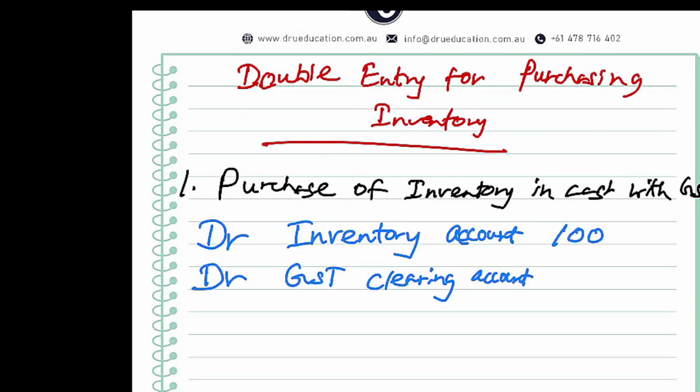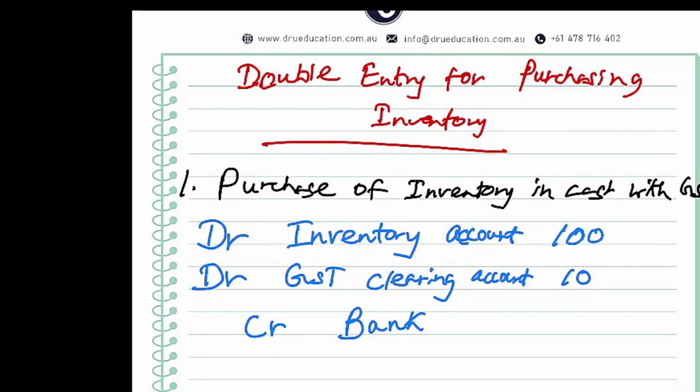Sorry, guys. This one: debit GST clearing account 10. Then where do you credit? Bank. Not accounts payable.